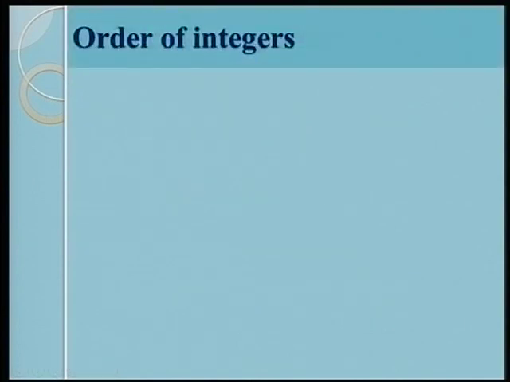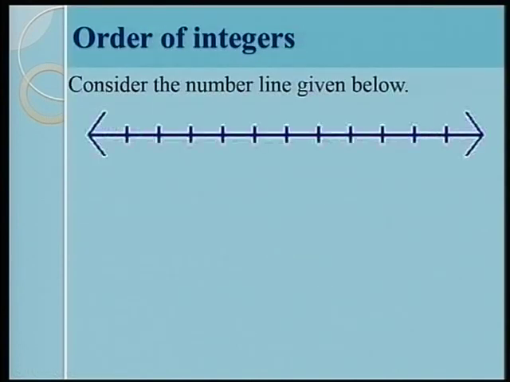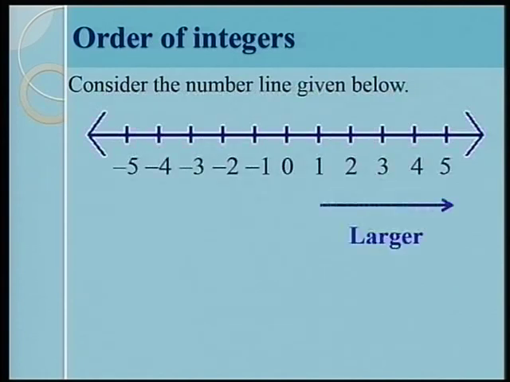Let's now look at the order of integers. We first draw a number line. As we move to the right of the number line, the numbers get larger. And as we move to the left of the number line, the numbers get smaller.